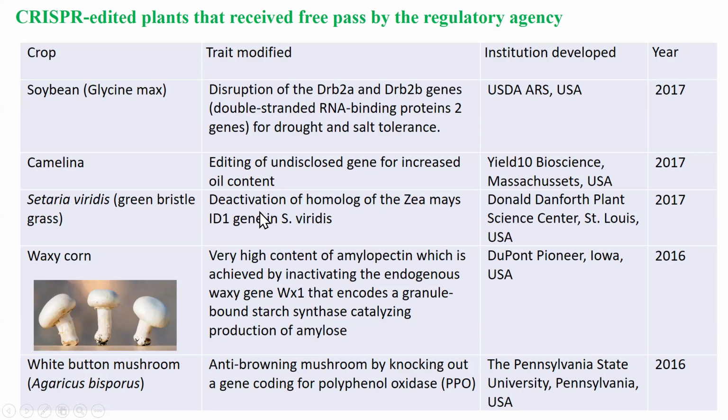deactivation of homologue of the maize ID1 gene in S. viridis. So a different company did this job, and this was a very interesting story in Nature. Professor Yang from the Pennsylvania State University first edited the genome of the white button mushroom for browning.